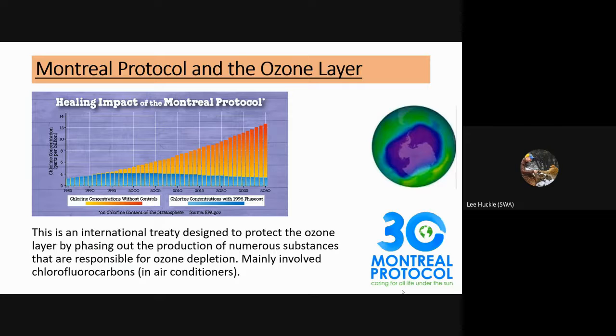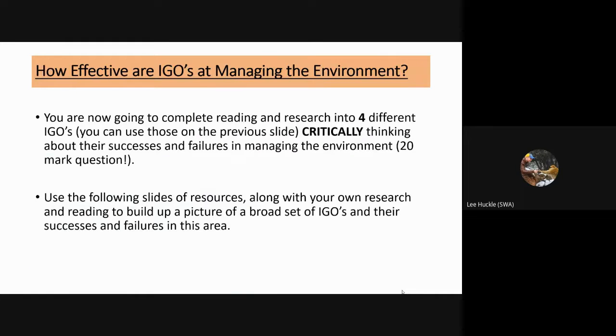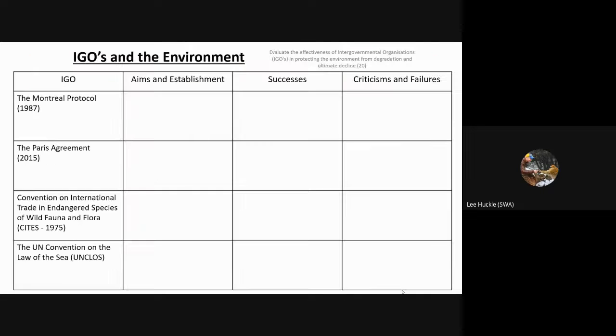Now, you've had loads of resources to use. Montreal Protocol, particularly looking at the ozone layer and what was done. Again, you had some detail on that to use as part of your analysis. How effective are IGOs at managing the environment? That was your particular job here, critically evaluating those four IGOs.